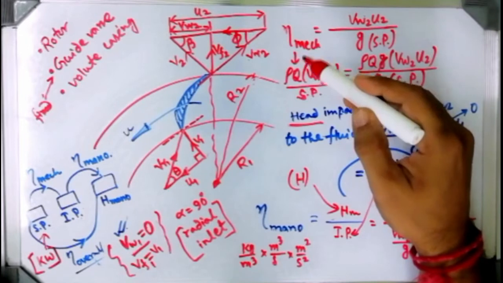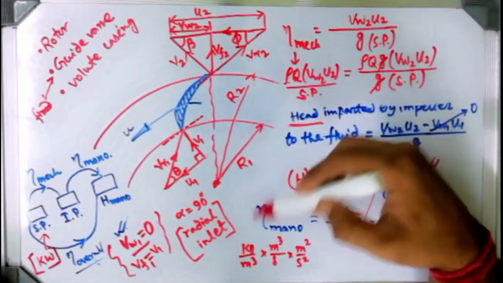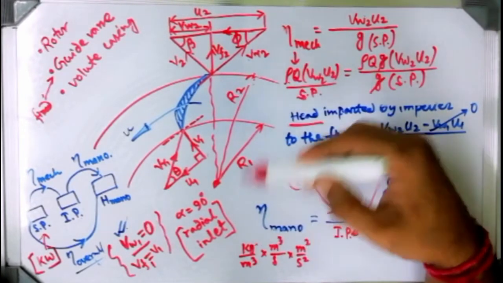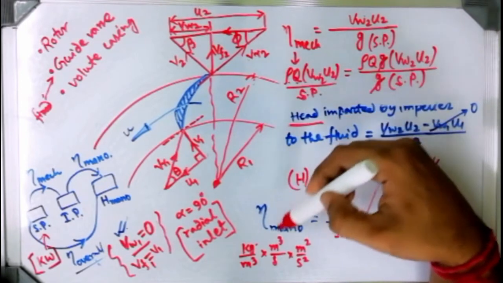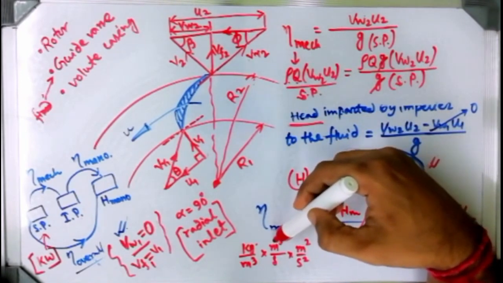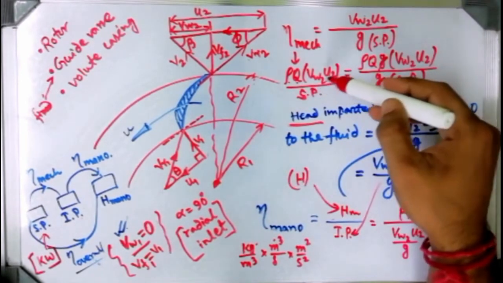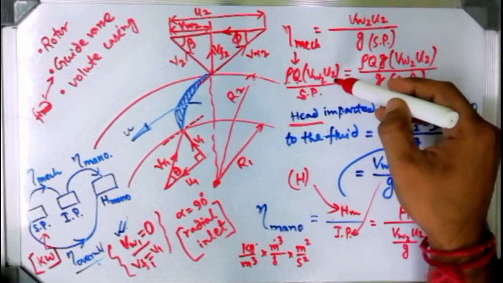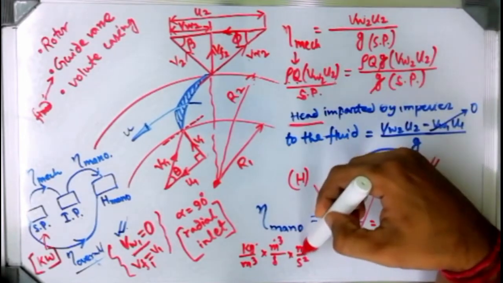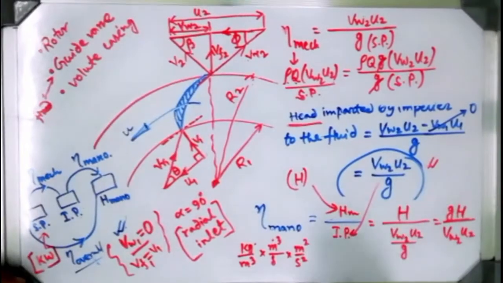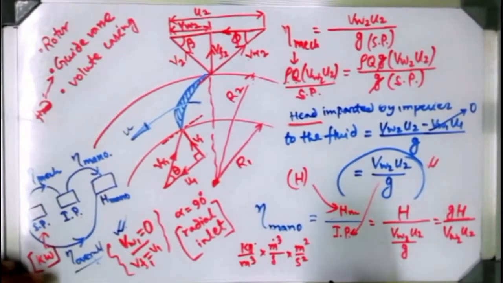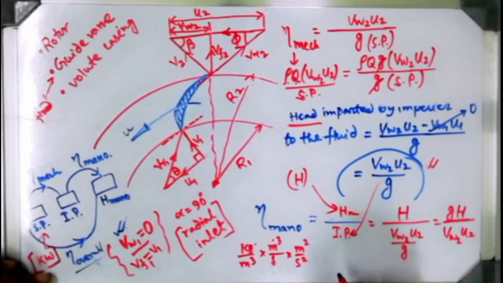How can you check it? Just put the unit of rho, kg per meter cube in SI, unit of Q, volumetric flow rate, meter cube per second, and VW2 and U2, both in meter per second, they will give you meter square per second square. Understood? Just simplify them, what you are getting.